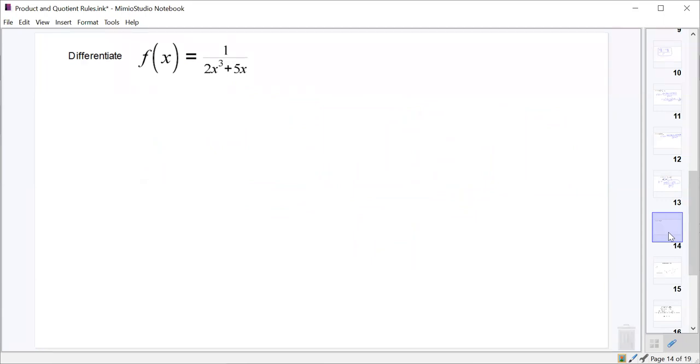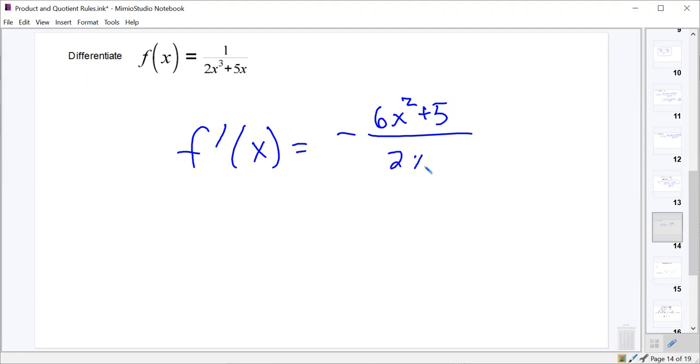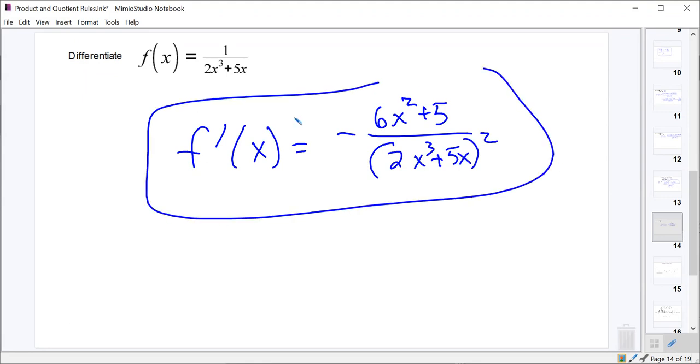So if we have f of x equals 1 over 2x cubed plus 5x, the reciprocal rule says that the derivative of that should be negative derivative of the denominator, which is 6x squared plus 5, divided by the denominator squared. And that's definitely a lot easier than writing that out as a difference quotient, I think.